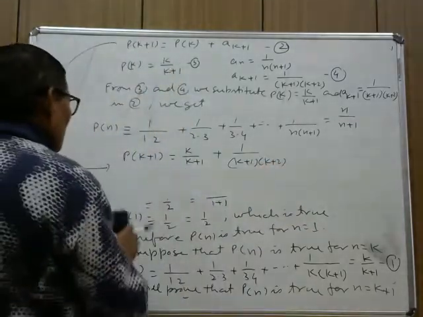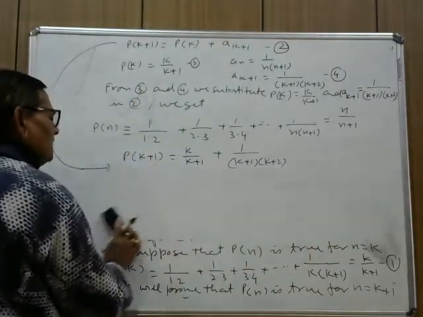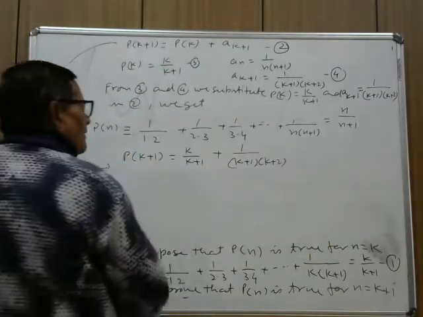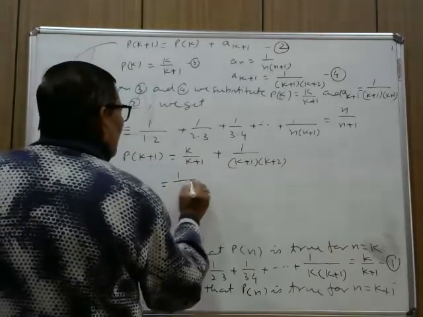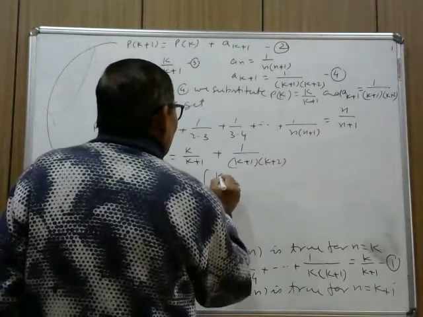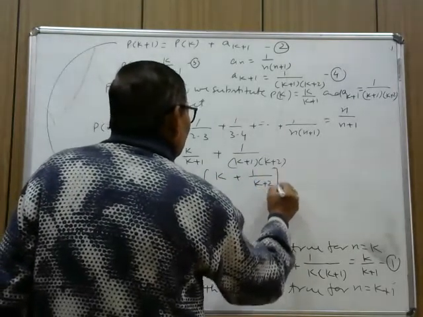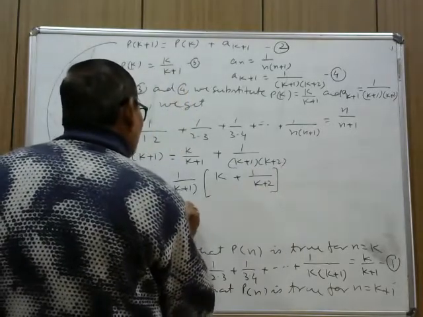Now you observe the common term in the terms of Pk plus 1. Your common term is 1 upon k plus 1 and in the bracket this is k plus 1 upon k plus 2. You solve them.